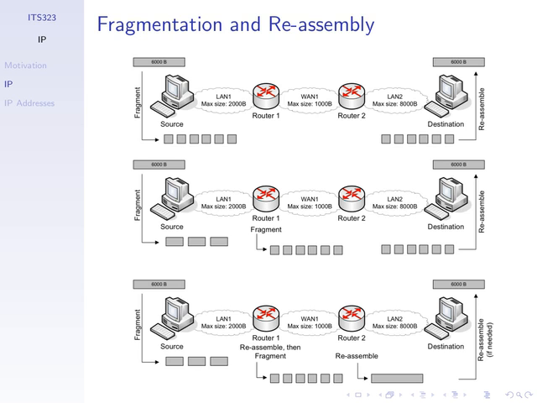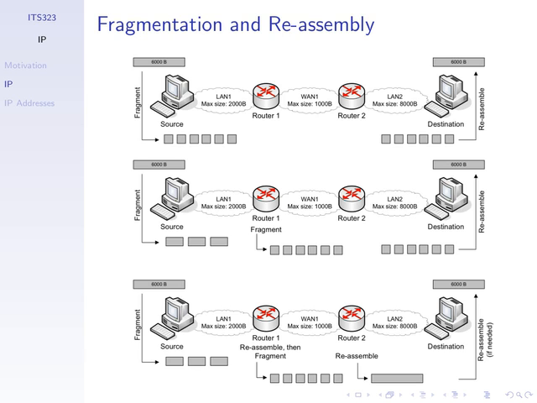We'd normally want to send fragments of the maximum size allowed, because the larger the size, the smaller the header overhead and the more efficient we are. So the goal in all of these cases, the ideal case, is to send fragments which are the maximum size allowed.